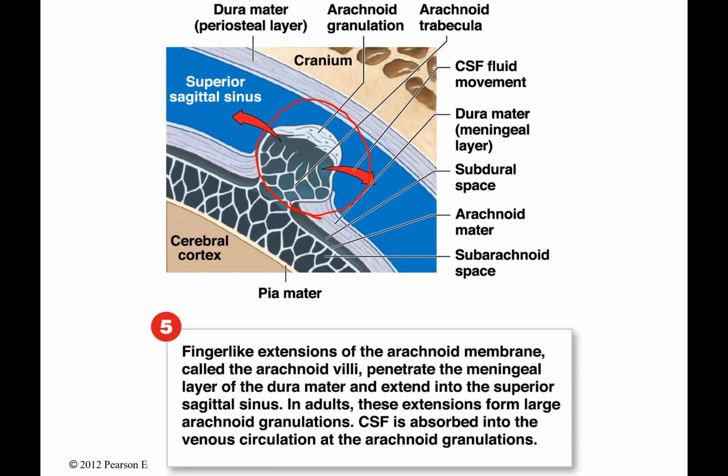The purpose of these granulations is that this is where cerebral spinal fluid is reabsorbed into venous circulation. Cerebral spinal fluid is flowing up and out into the sinus, which is then recirculated in the brain. So the cerebral spinal fluid is recirculated into the circulatory system itself, and that happens in this example in the superior sagittal sinus. You have these extensions from the arachnoid mater that extend up through the dura mater into the sinus, where it can do this.